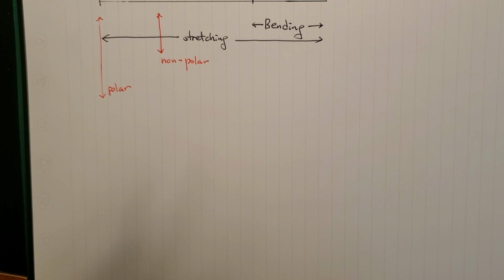The CHs and CC double bond and the single bond, they are a weak signal, and also triple bond as well sometimes.